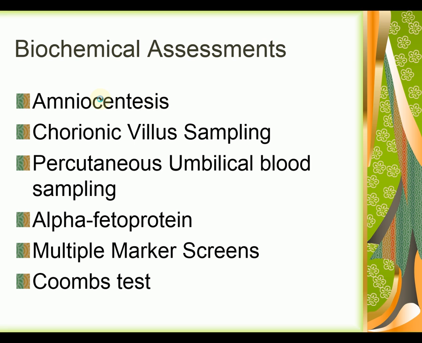So we're going to be sure that we are giving the folic acid, and we're going to measure it. And the alpha fetoprotein will tell us how much of the indication of whether or not there's a neural tube defect. If there's a low amount, usually what you're looking at is trisomy 21.